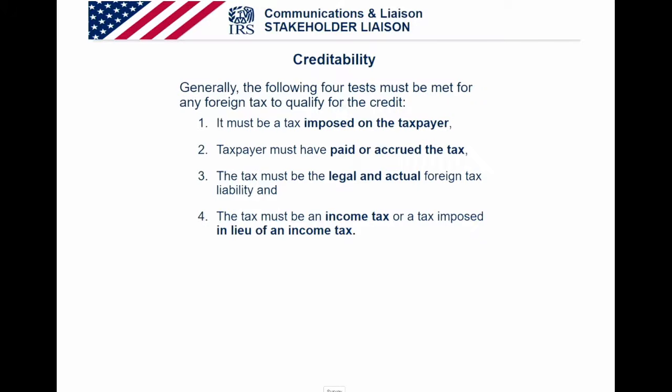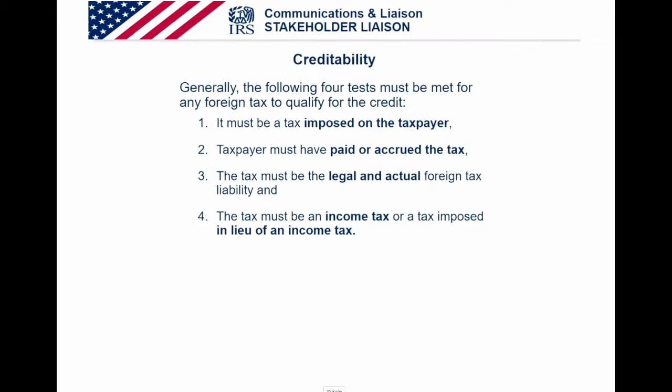For the first requirement, what do we mean when we say it has to be paid and there's no specific economic benefit received for that payment? Well, a foreign levy is considered a tax and will generally be eligible for the FTC if it's a compulsory payment.